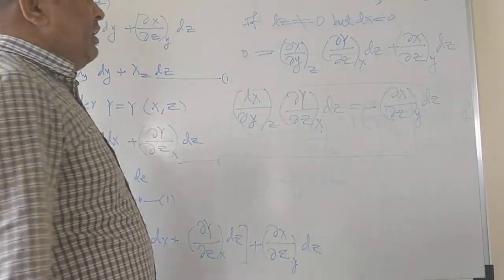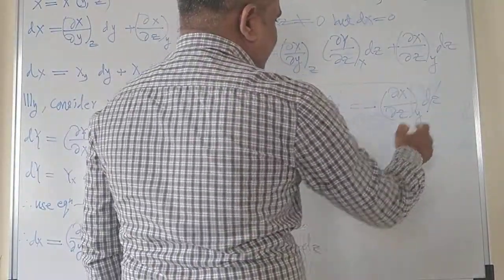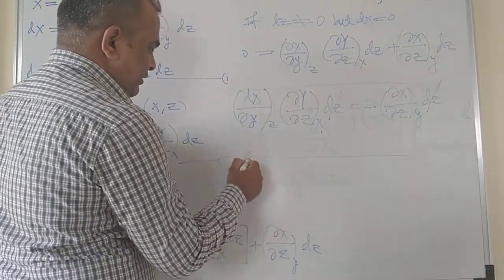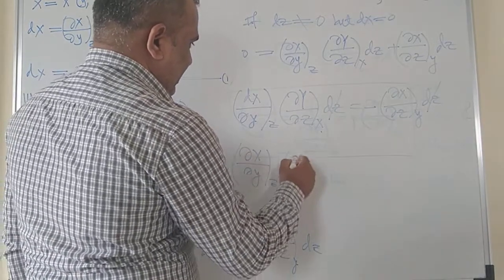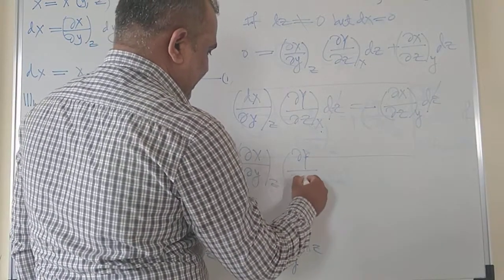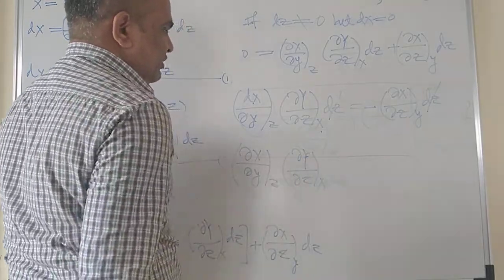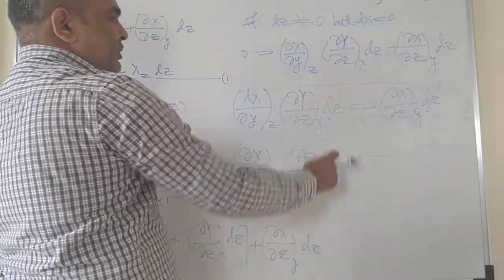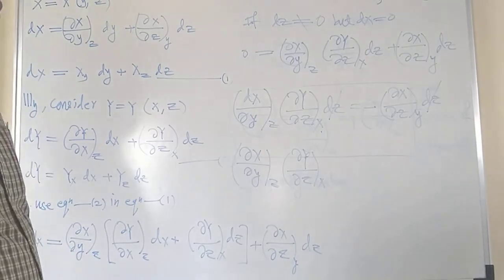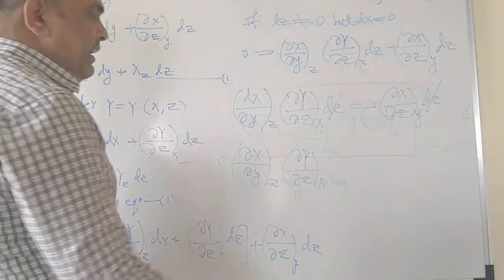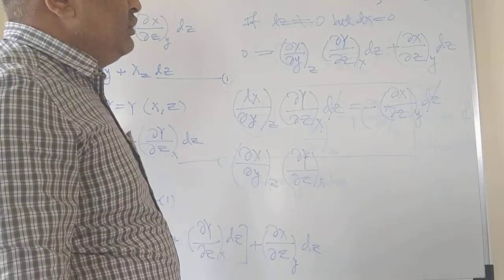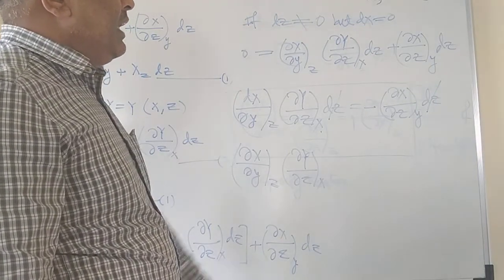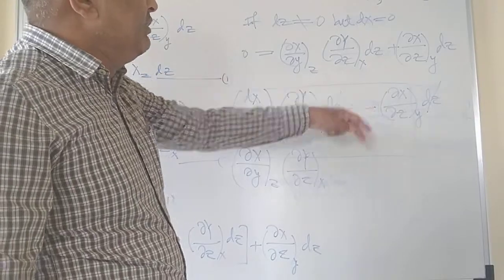Now dz is on both sides, so dz gets cancelled, and you will get ∂x/∂y at constant z into ∂y/∂z at constant x, and this term, once you shift it to the other side, you will get 1 upon ∂x/∂z at constant y. But by using your reciprocity relation, I can write this as an inverse.